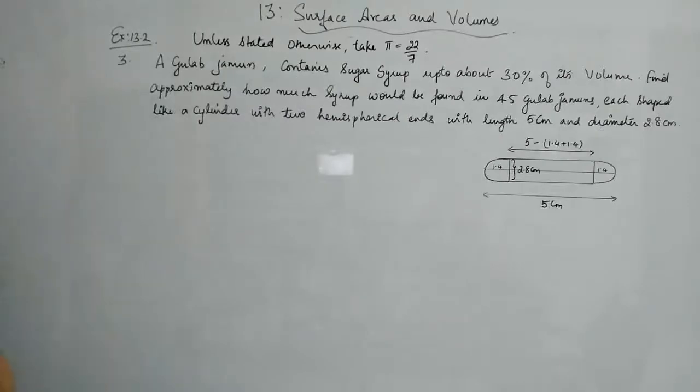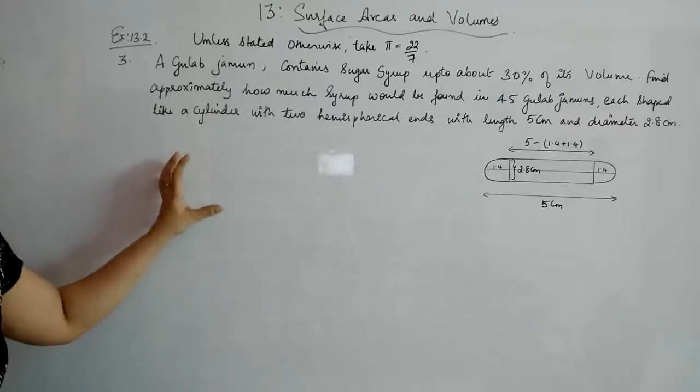Question number 3 is, a gulab jamun contains sugar syrup up to about 30% of its volume. Find approximately how much syrup would be found in 45 gulab jamuns, each shaped like a cylinder with 2 hemispherical ends with length 5 centimeter and diameter 2.8 centimeters.